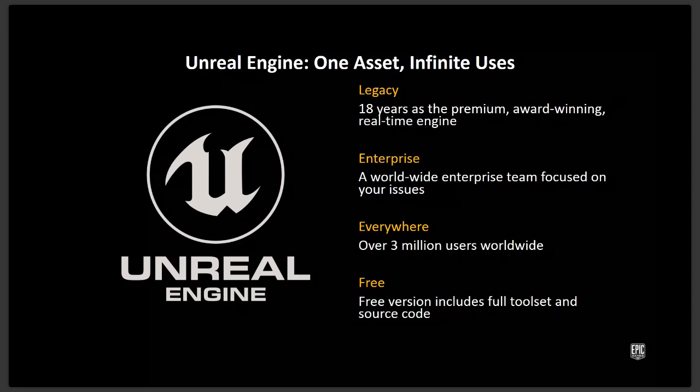And so we formed a team called the Enterprise Team. The Enterprise Team at Epic is focused specifically on anything related to your business or work that is non-games related. So aerospace, design visualization, automotive, oil and gas, you name it. If people are using our engine for non-games, the Enterprise Team is here to focus on your issues and challenges.